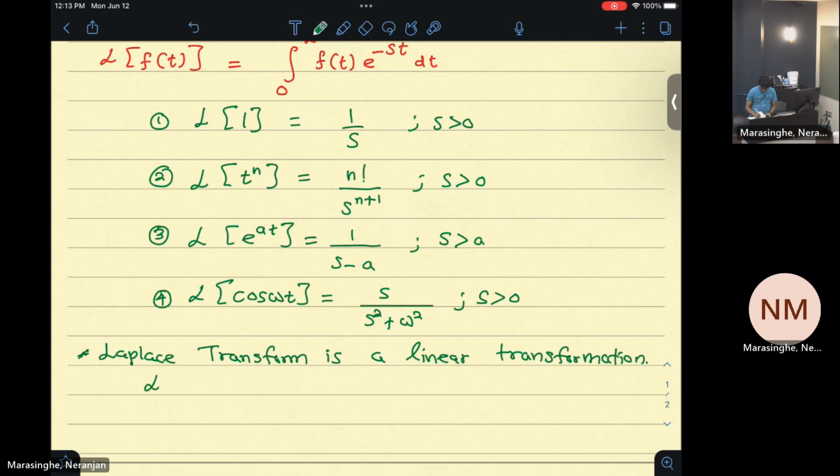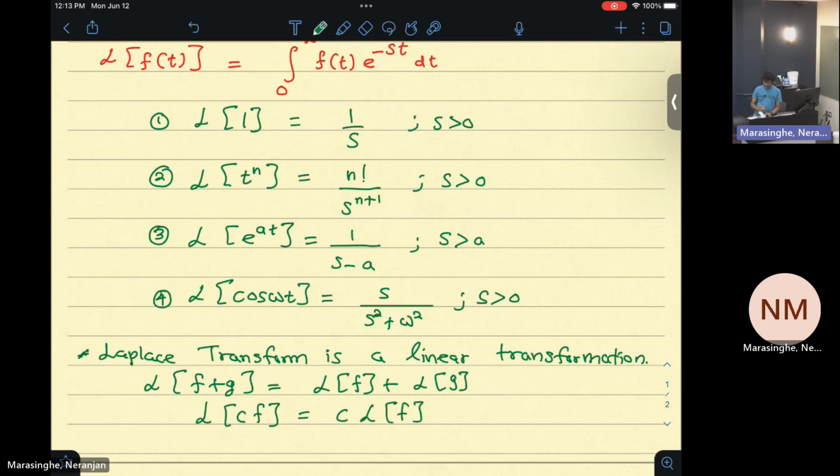The Laplace transform of f plus g is equal to the Laplace transform of f plus the Laplace transform of g, and the Laplace transform of c times f is equal to c times the Laplace transform of f. Those are the two conditions.